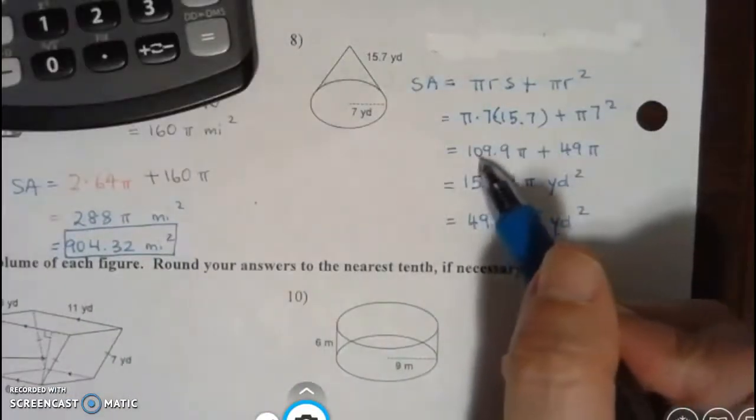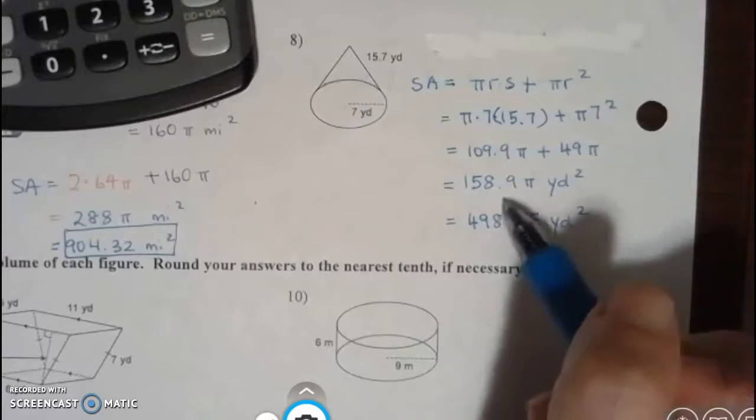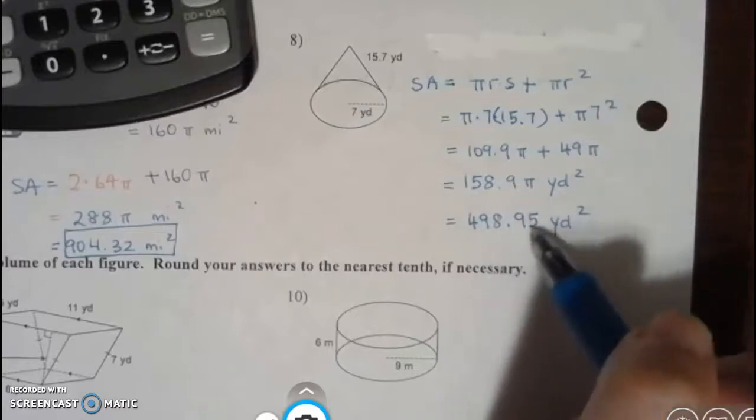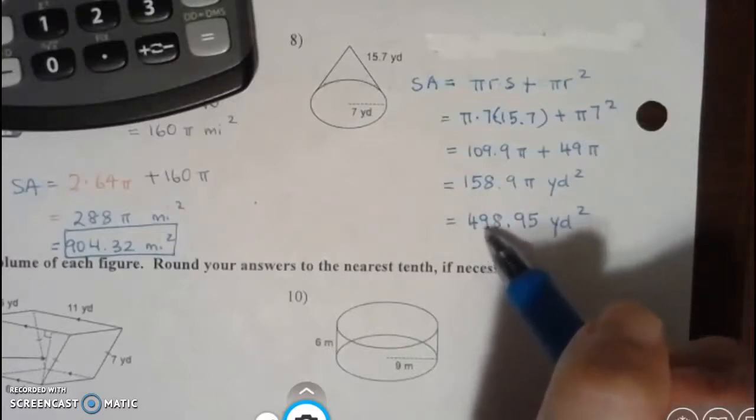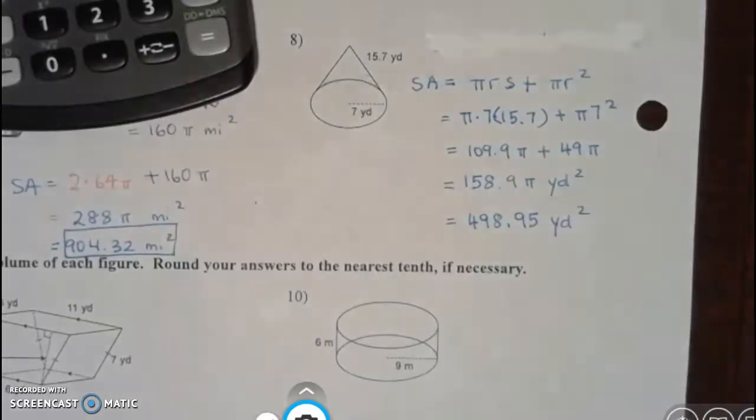And that becomes 109.9 pi plus 49 pi, which is 158.9 pi yard squared. When I use 3.14 as my pi value, I get 498.95 yard squared to 2 decimal places.